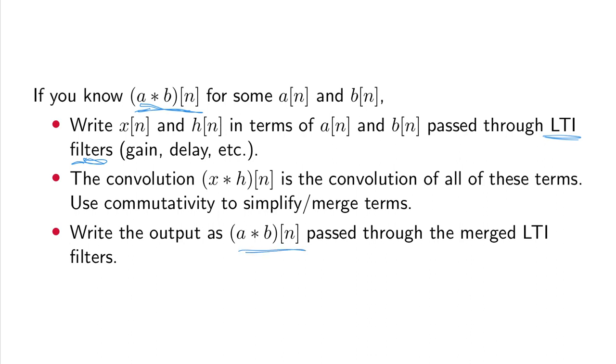So you write the output as a star b passed through the merged LTI filters. And that's the total gain. So this, remember, was the total gain and the total delay.